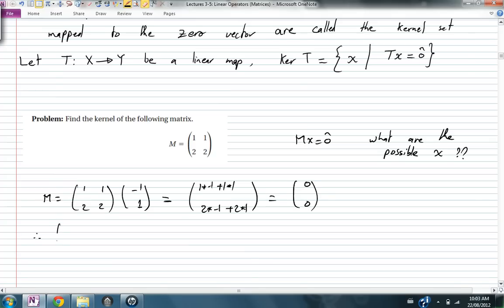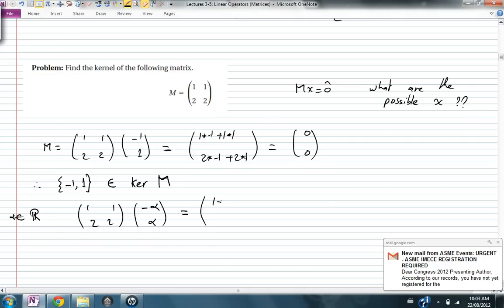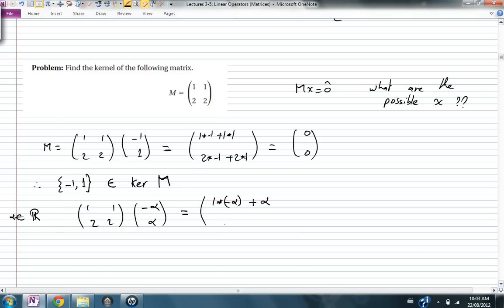Therefore, the vector negative 1 and 1 is one of the vectors in the kernel set of M. What else? In fact, if I put here any vector of this form, where alpha can be any number, 5, 6, 7, 100, any number, I will find 1 multiplied by negative alpha plus alpha, negative 2 alpha plus 2 alpha.